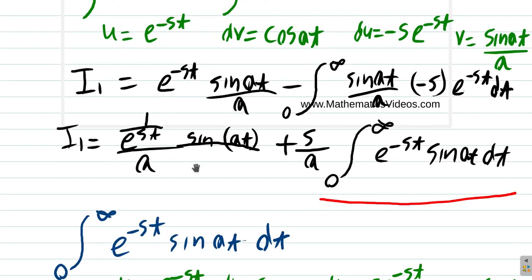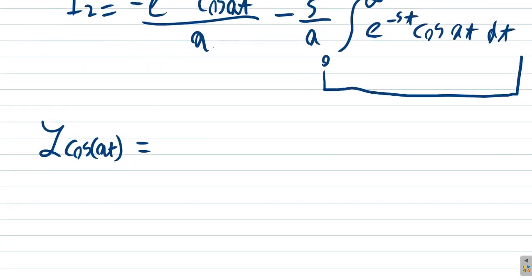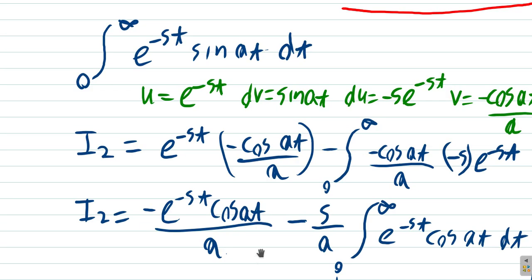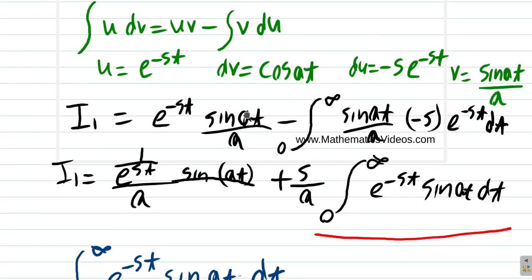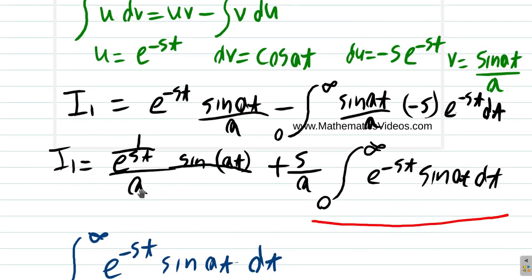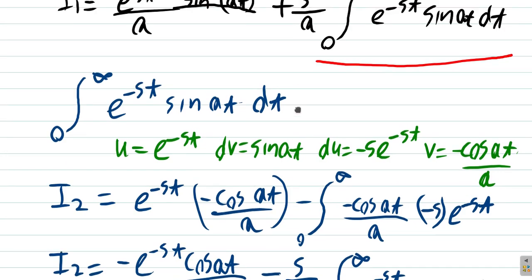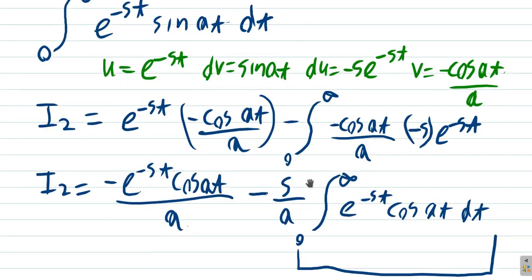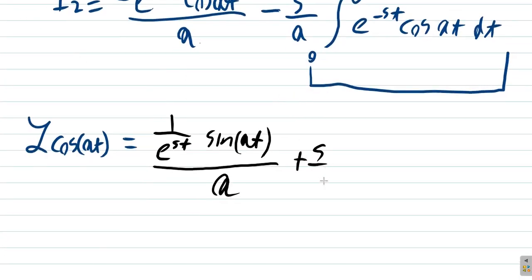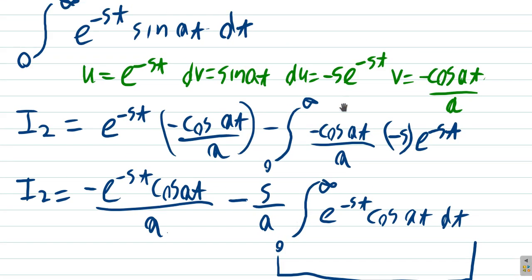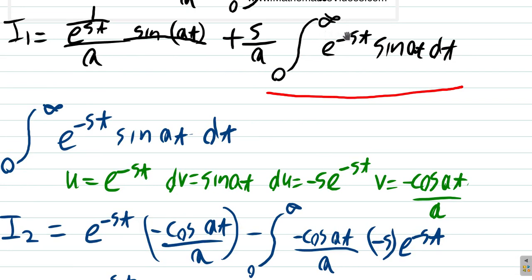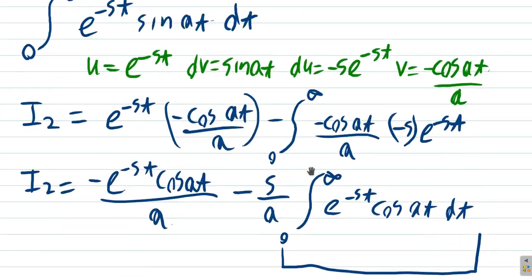What we have is 1 over e to the st sine at, over a, plus s over a times the integral from 0 to infinity of e to the negative st sine at dt.